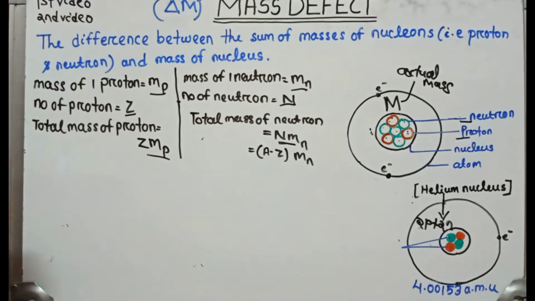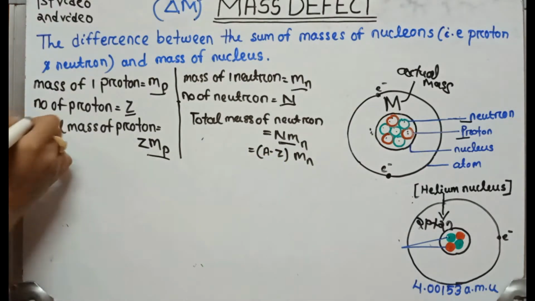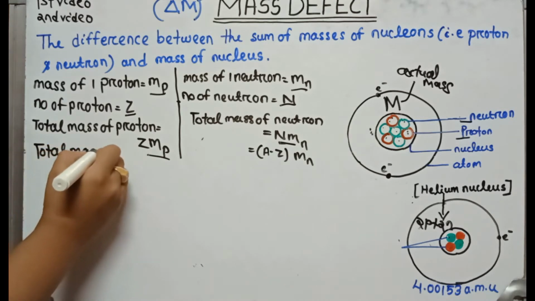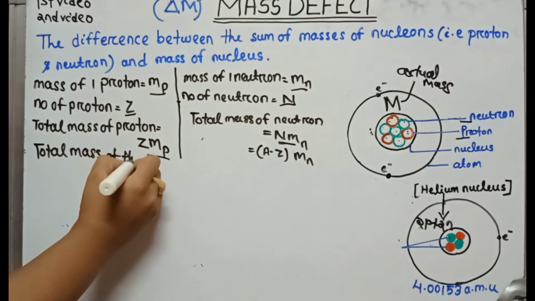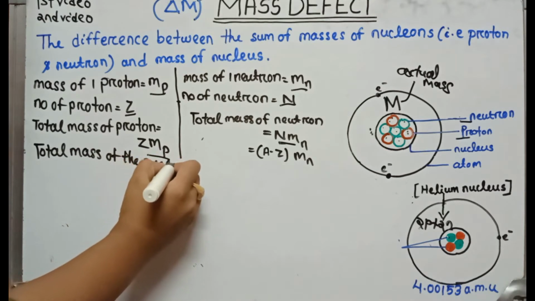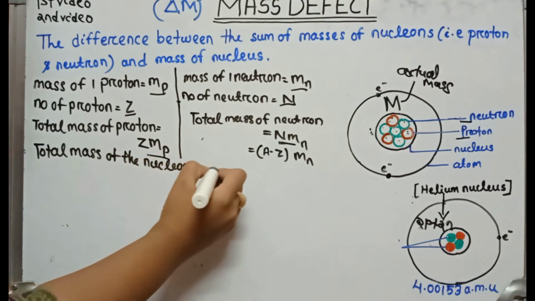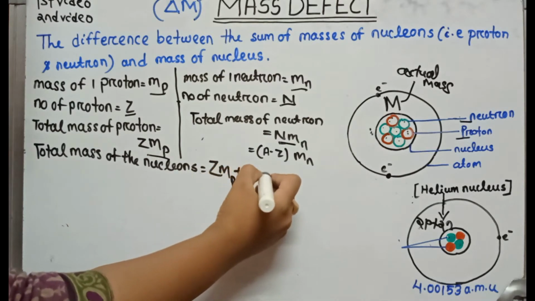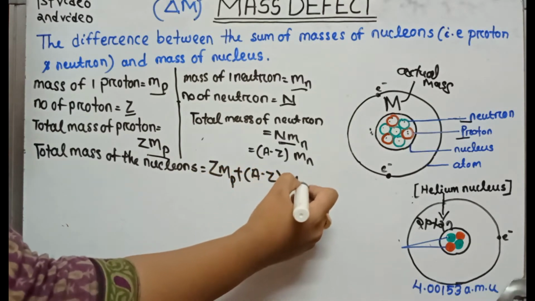So what is the total mass of the nucleons? The total mass of the nucleons is equal to Z Mp plus (A minus Z) Mn.